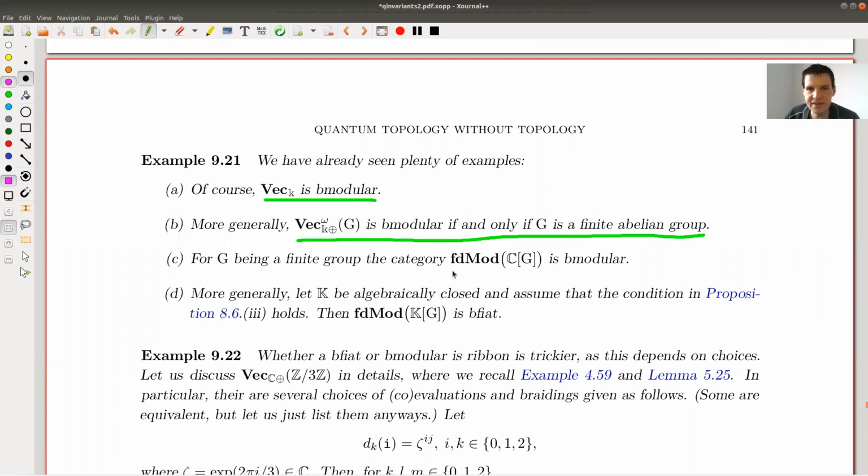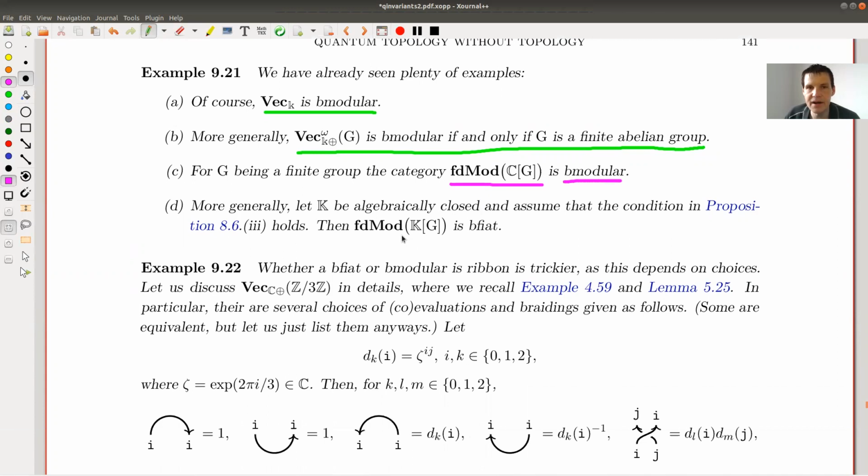In contrast, the category of finite dimensional representations of a group is always good. And in general, this category wants to be fiat. Not always. Remember, we need to find a finite number of indecomposable objects in the non-semi-simple case, but basically you can think of it as an example of a fiat category.